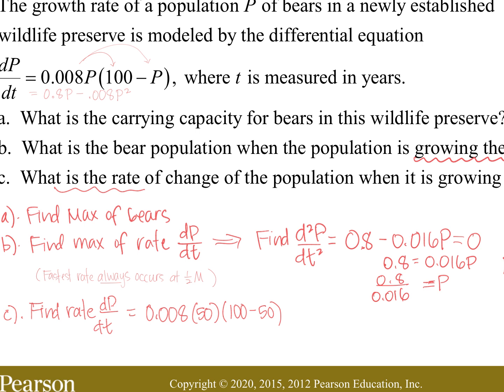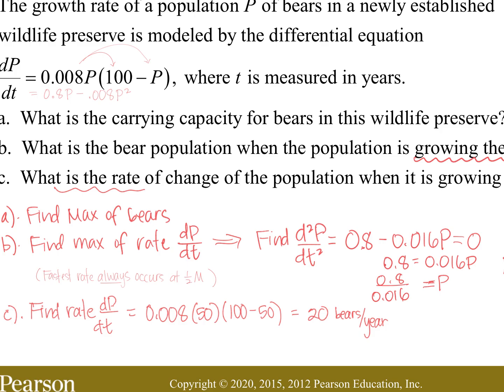So I forget. 50 times 50 times 0.008, 20. But we need units on that. It's not 20 bears, or not just plain 20 bears. It's 20 bears per year. So at its fastest rate, this wildlife habitat is growing by 20 bears a year.